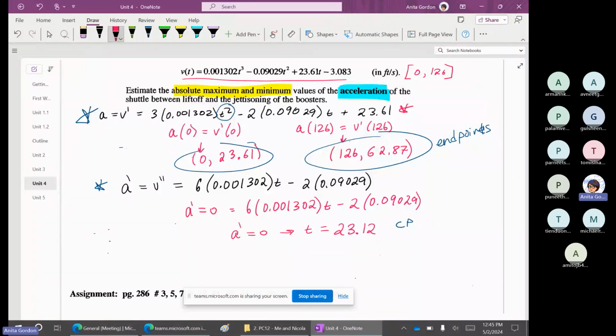So the final thing I need to do is find the acceleration at my critical point, 23.12. So you're going to take this number and put it into the acceleration equation that we found here. Tell me what value you get.